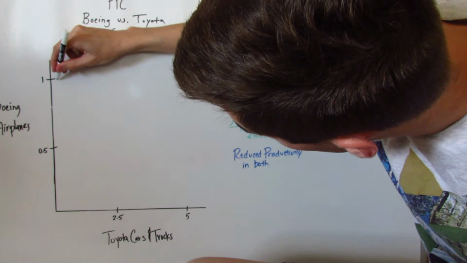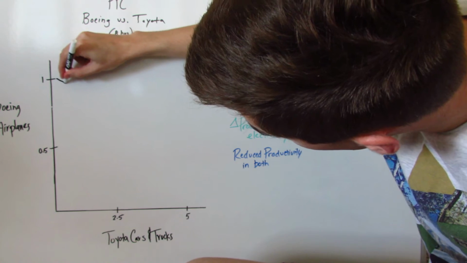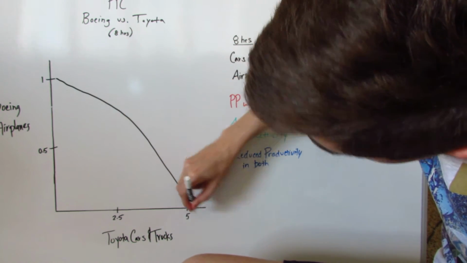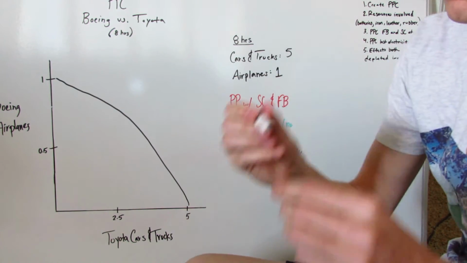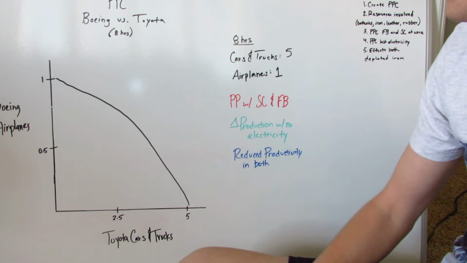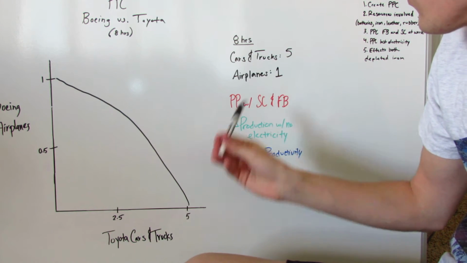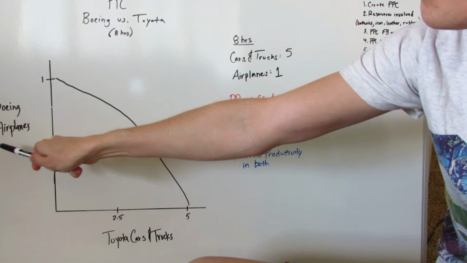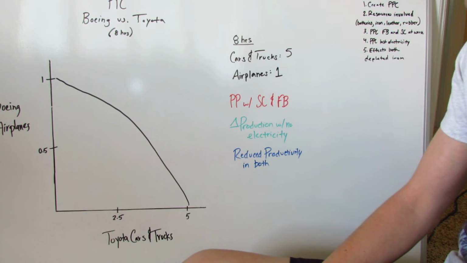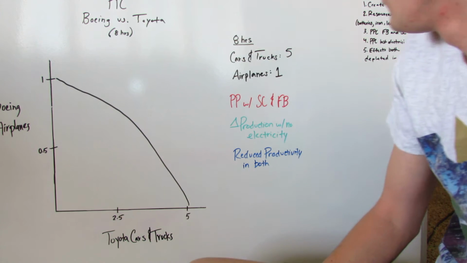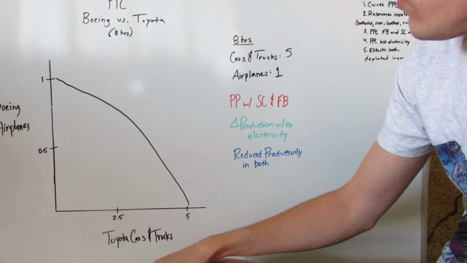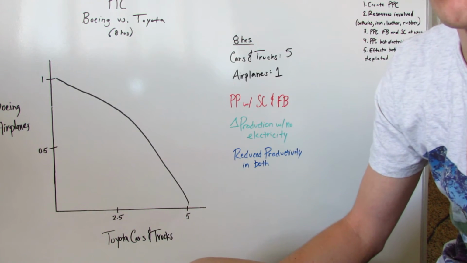Now, to make this a production possibility curve, of course, we can just connect the points, and there's the production possibility curve for the production of cars and trucks at Toyota versus Boeing airplanes. A lot of the resources used in the production of both of these are very similar.